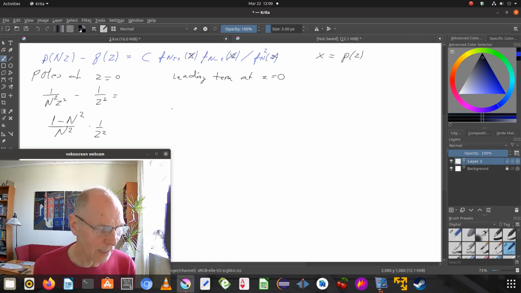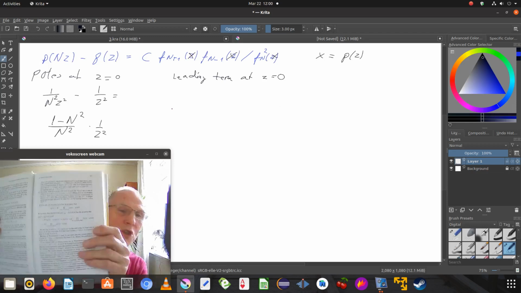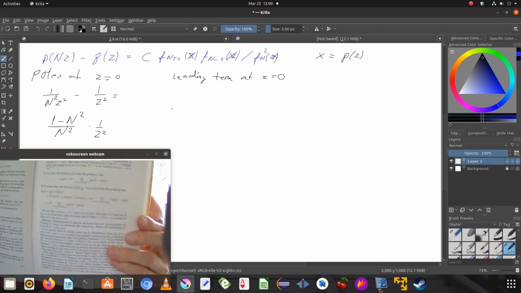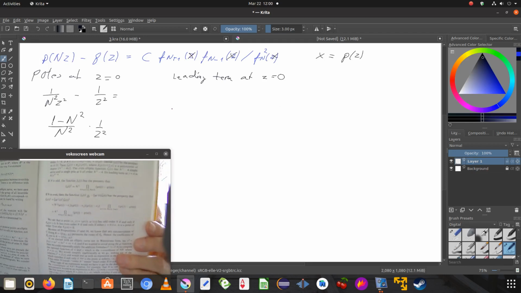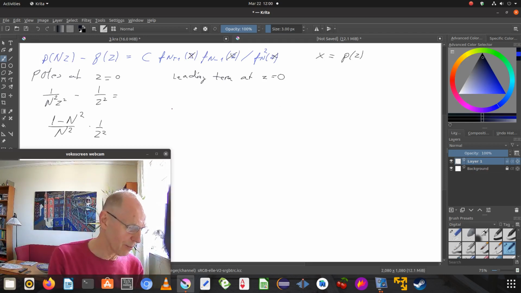Oh, now I realize I'm reading this page, and I'm realizing that it was Fn squared that they were looking at. So they do come with a factor n, and then the order of z.